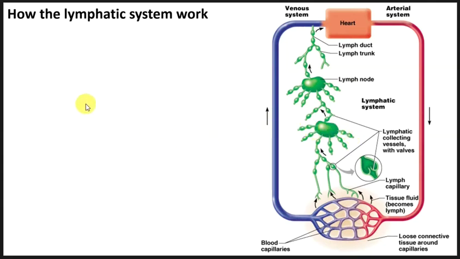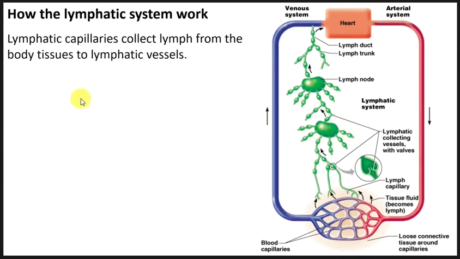The first thing you must understand here is that the lymphatic capillaries that we talked about earlier collect lymph from the body tissues to the lymphatic vessels. Now, blood capillaries, like in this diagram, you must understand it very well.